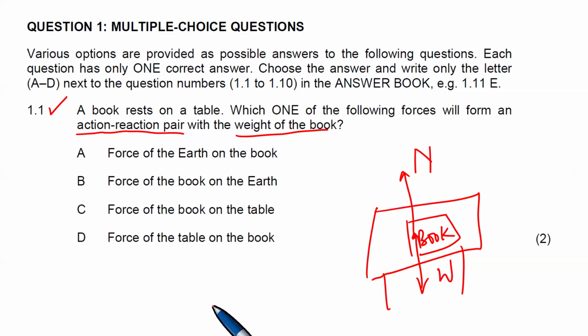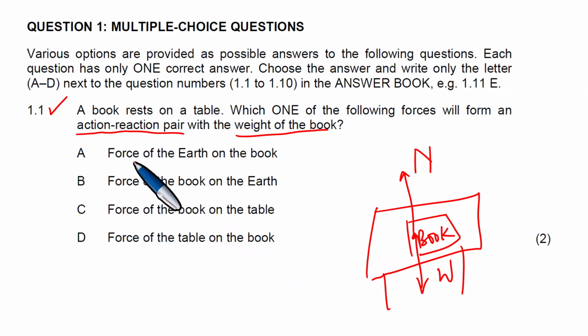So we're looking at the options given and we are trying to process. Is it the force of the table on the book? Is it the force of the book on the table?